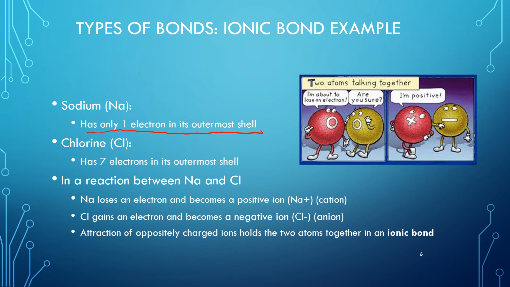So when sodium and chlorine form a bond, the sodium actually gives an electron to chlorine. So sodium loses an electron. That means it no longer has the same number of protons and electrons. It has given away an electron, so it now has 11 protons, but only 10 electrons.